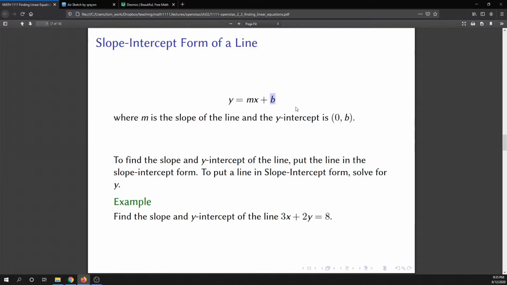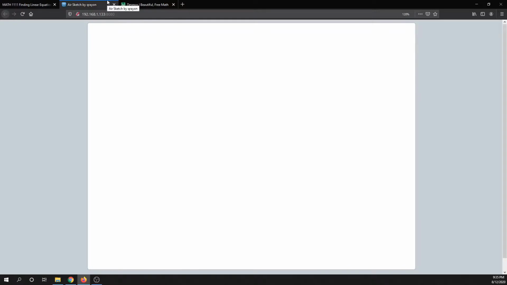So, for instance, if we were given a line that has, say, slope 7 and a y-intercept of (0, 6), then it's very, very easy to get the equation of the line.